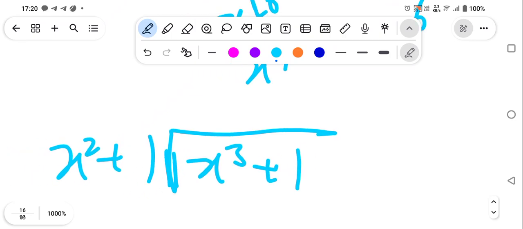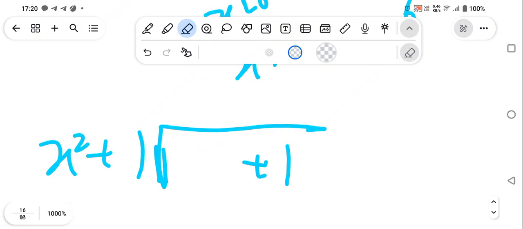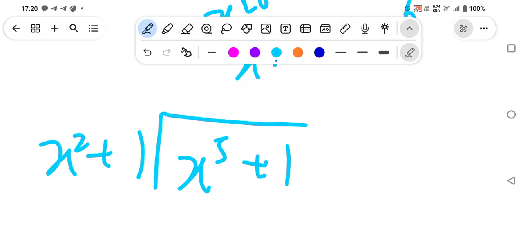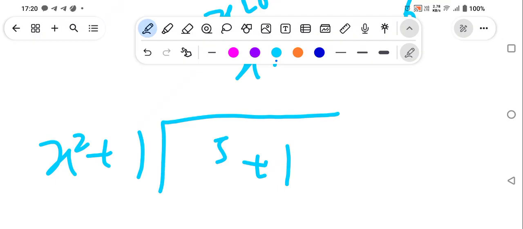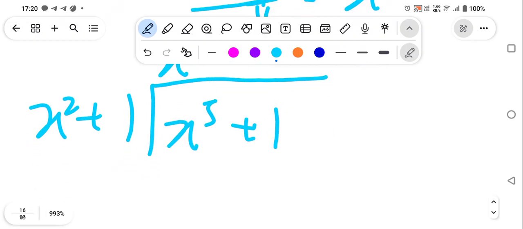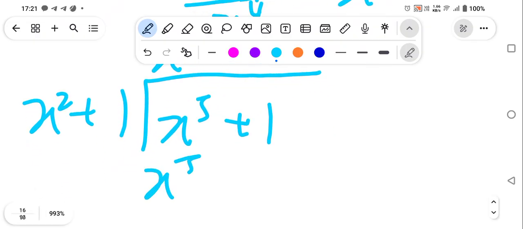So what can we do to this x cubed plus 1? Alright, let's make this harder: x power 5 plus 1. What can we do to this x squared plus 1 so that we can make it divide x power 5 plus 1? Clearly we're gonna multiply by x cubed. So now we have x power 5 plus x cubed.